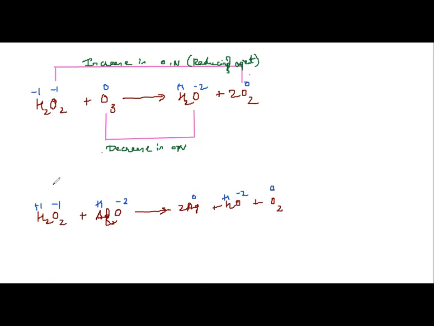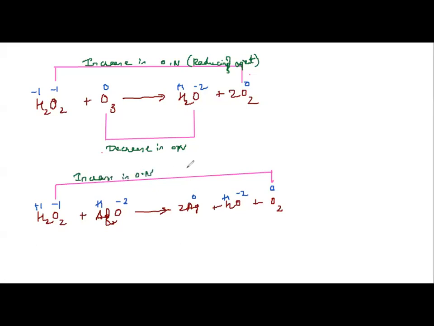So what is happening? From -1 to 0 in oxygen. From -1 to 0 means there is increase in the oxidation number.